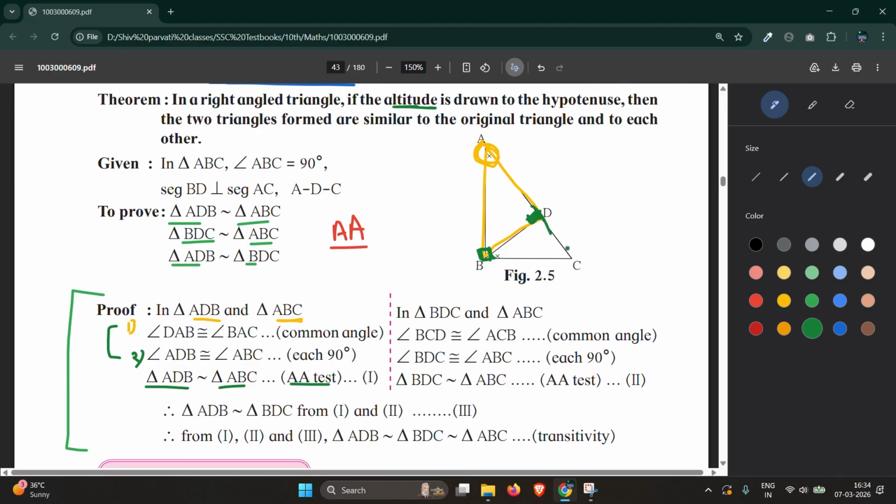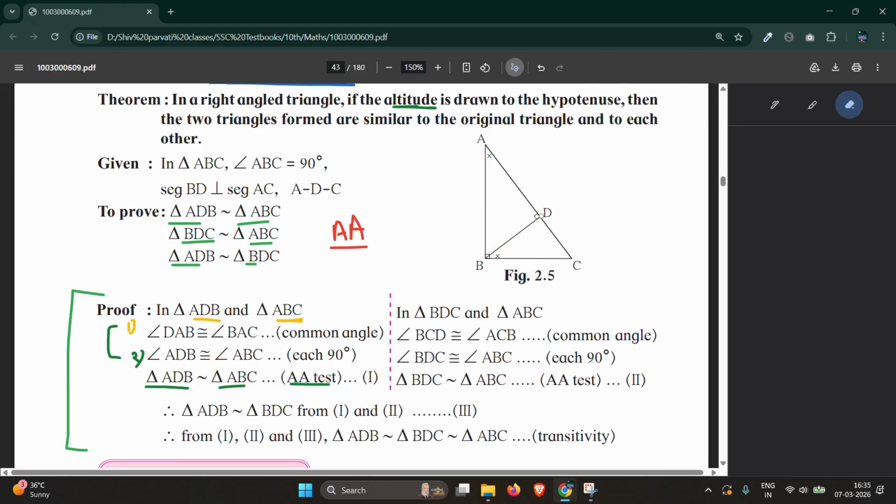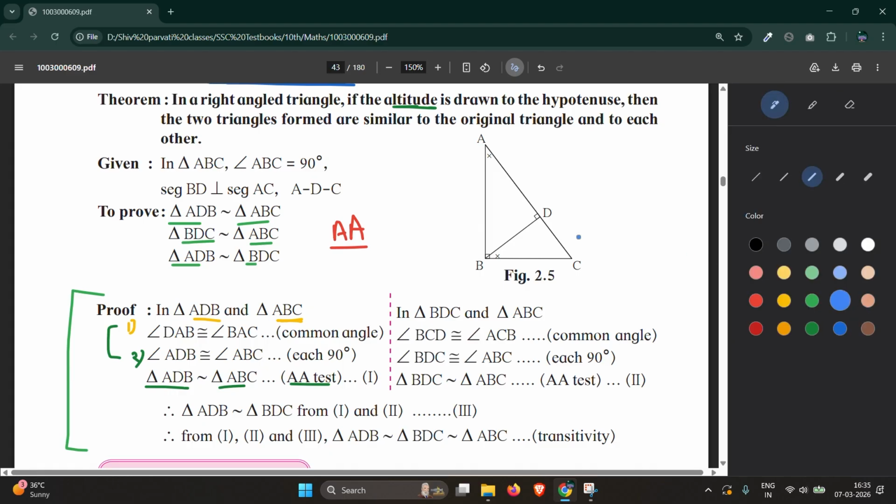And you can do the same thing in this other small triangle as well. So let's just quickly do that. So let's say now we are comparing this small triangle. So this angle over here, the angle C, is present in this larger triangle as well and in this smaller triangle as well, right?